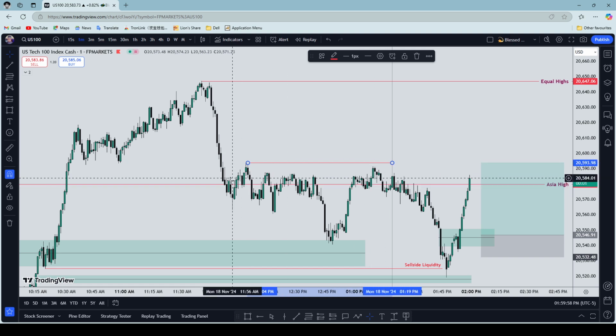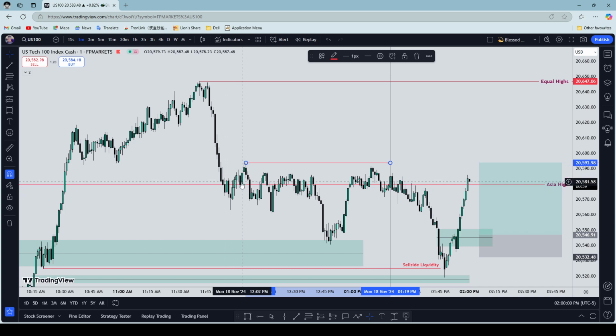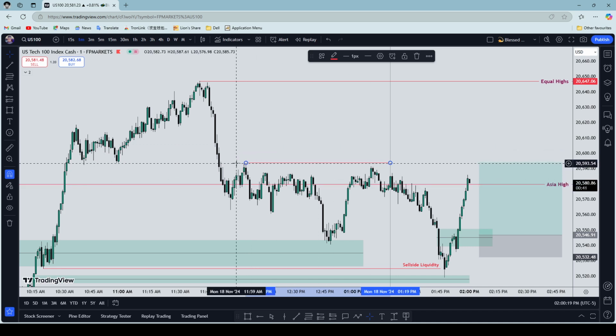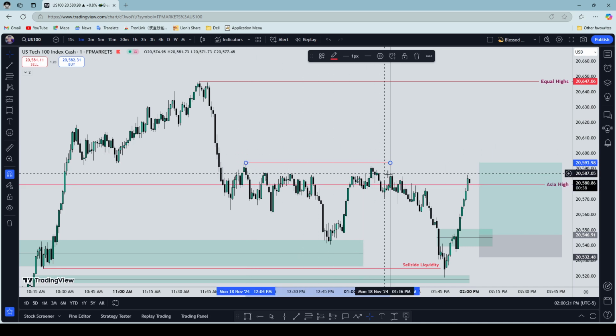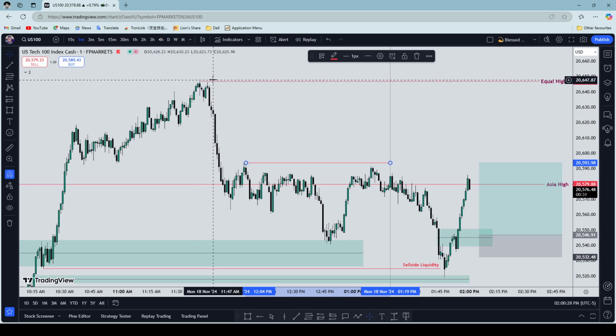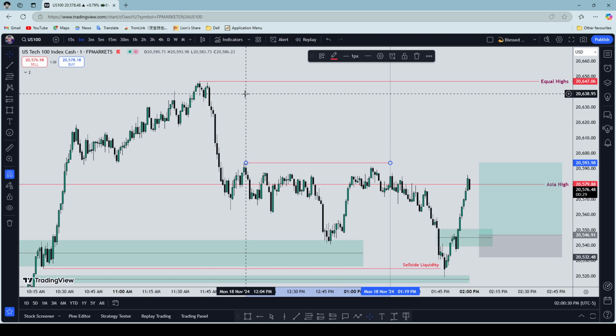It was consolidating, coming up, down, up, down, like that. Then it dropped down, came back up, and failed to take out this one. It got very close to it, but did not take it out. Because this swing high is close to this swing high, it's called an equal high. That's why I called this one too. These two swing highs in close proximity with each other are equal highs.